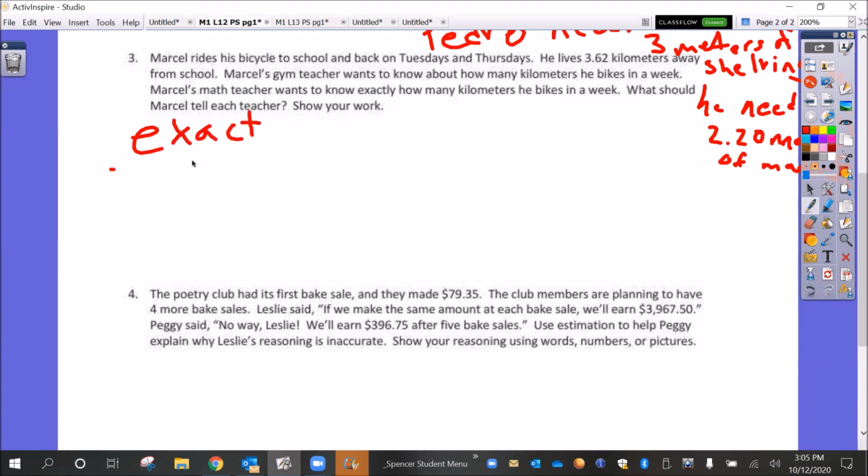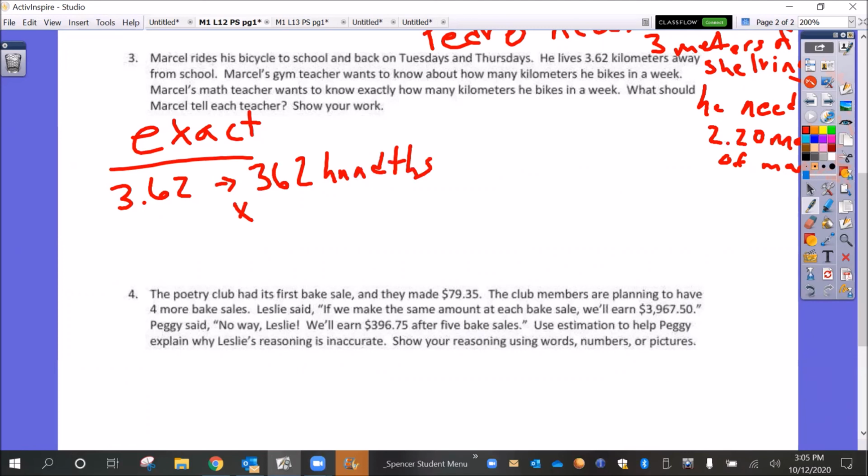So for the exact one, we're going to do 3.62, or let's convert that to hundredths, so 362 hundredths. And we're going to multiply that by, well, how many days a week? Well, you go to school only on Tuesdays and Thursdays, so that means he's riding twice.